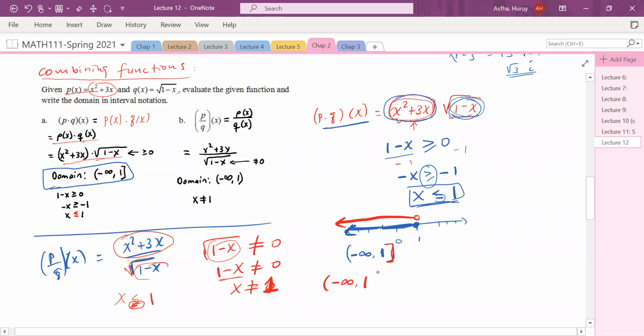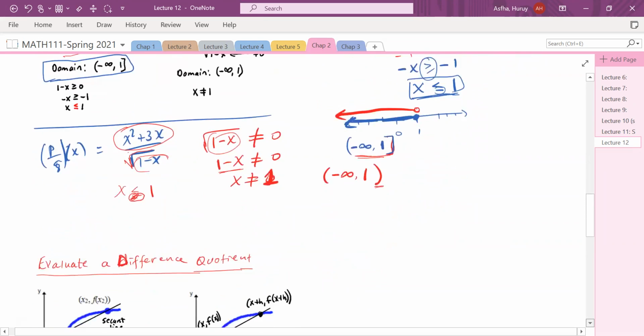Here I will use parentheses, which means the 1 is not included, but in the previous one, the 1 is included. Here excluded and here included. Okay. So this is how we find the domain of this combination of two functions.